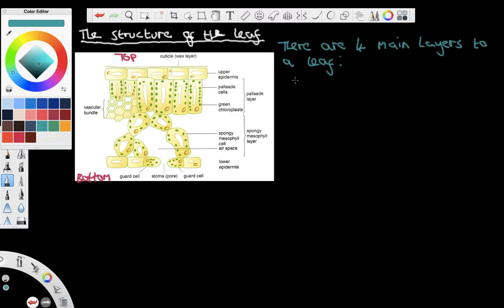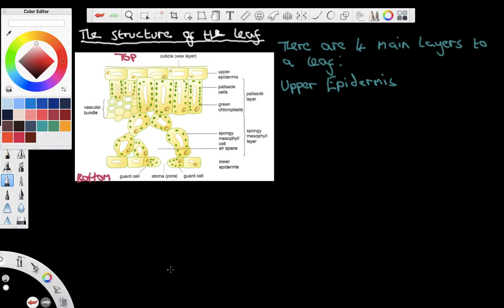So the first one we need to talk about is the upper epidermis, which is this one here, the upper epidermis.